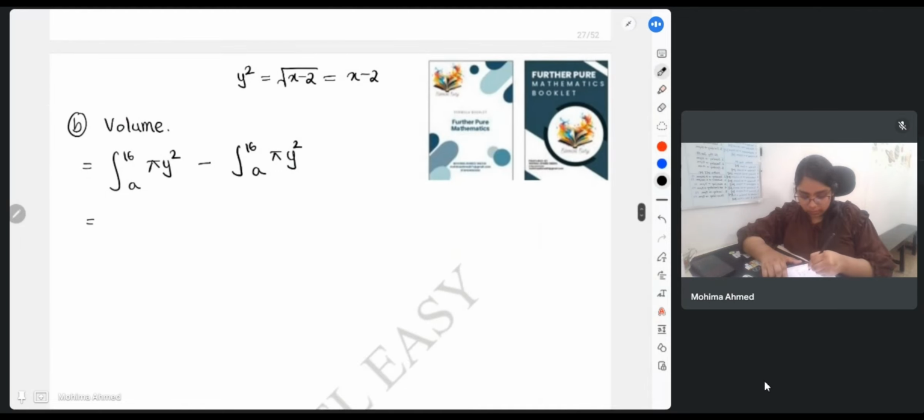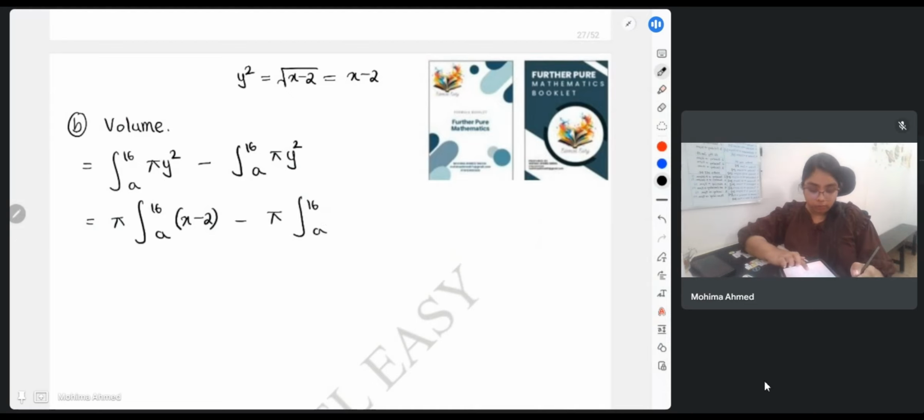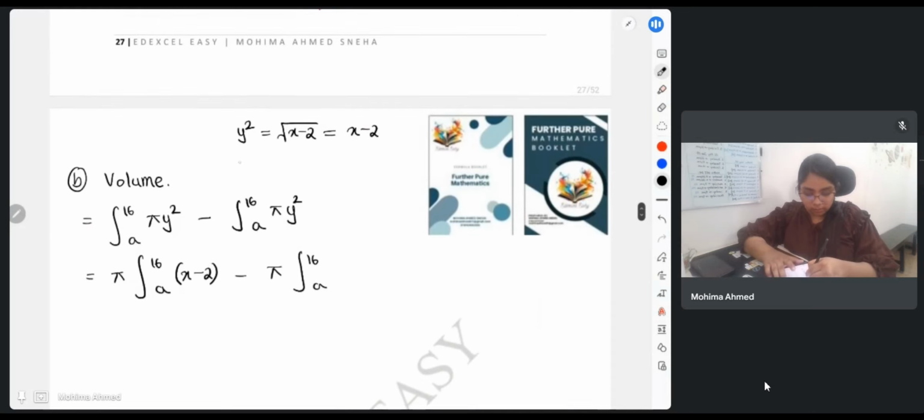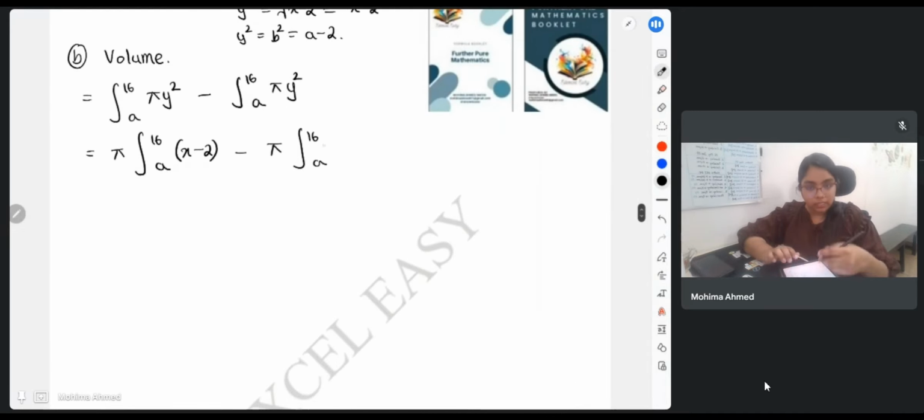The first equation would be pi, 16 to a, y square would be x minus 2, and over here again pi, 16 to a, y square in this case is b square. But remember the value for b square was a minus 2, right? We'll just write it again, b square, which is eventually a minus 2. This is your second expression. So instead of writing y square, which is b square, and again substituting that as a minus 2, I'll just directly write a minus 2 over here.